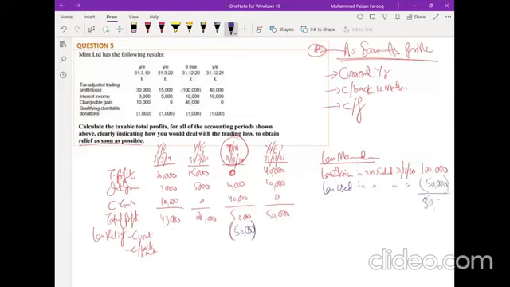How many months are you allowed to go back? 12 months. Now, very carefully, I will ask you, what is this? What is written, highlighted in yellow? Year end. Year end means how many months? 12 months.